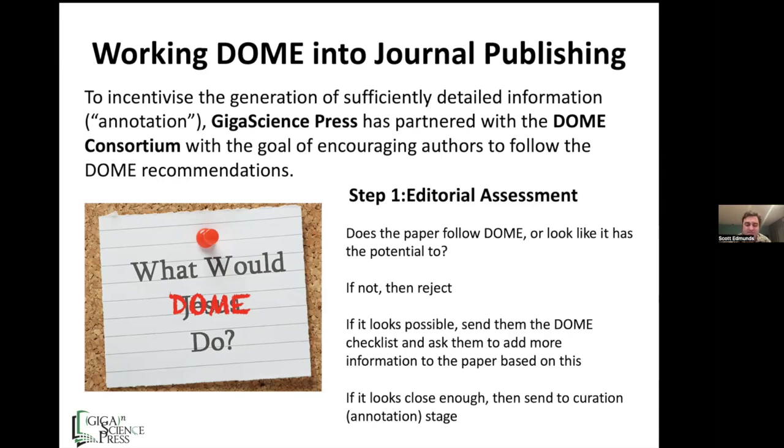If it looks potentially domeable, then we may go back to the authors, send them the DOME paper, send them the DOME checklist, and say, look, could you add a few more details here? At this stage we're not peer reviewing things, but if it looks like we're getting close, then we send it to the next stage, to our data curators.